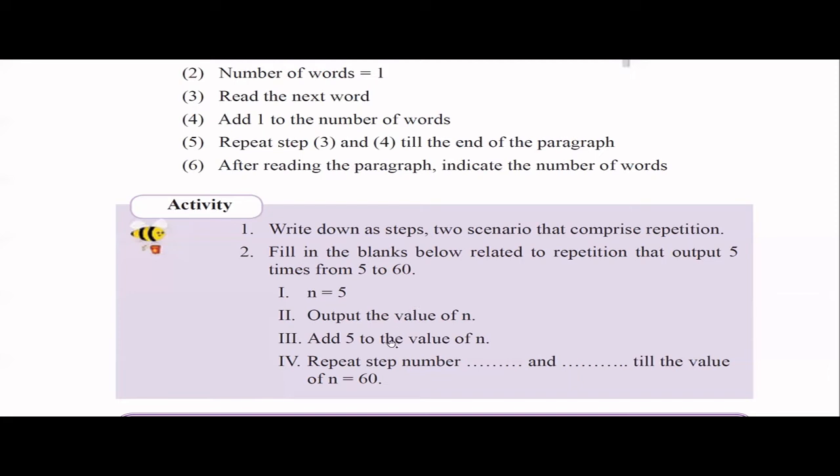Then you add 5 again. Then you do step 2 again. Output is 10. You add 5 again. Again output the value. Now it is 15. You add 5 again and output it. So it's 20. Like that, you have to repeat until your value becomes 60, because they need the multiples from 5 to 60. Hope you understood.